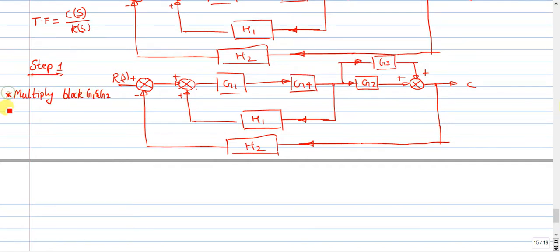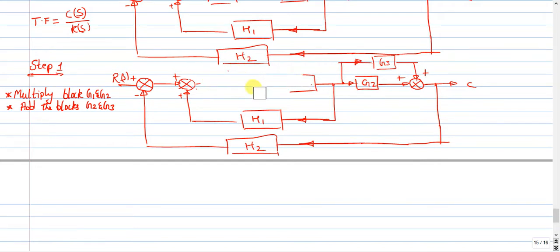This will be the first thing, and the second is to add the blocks G2 and G3, because these two are parallel. So let me erase; these two are in series.